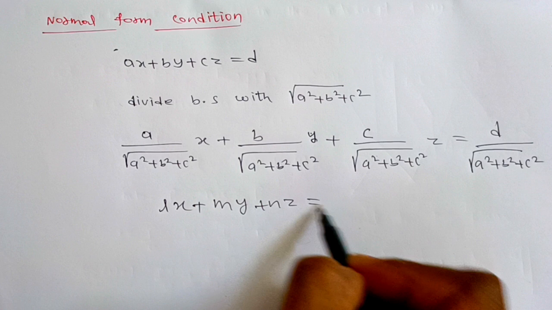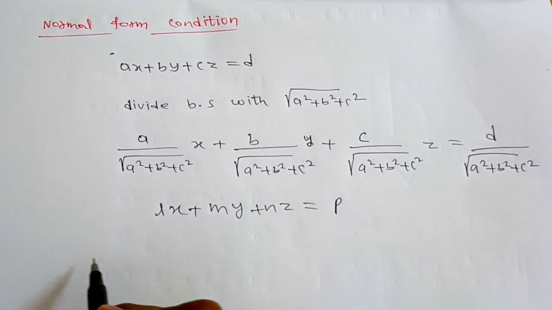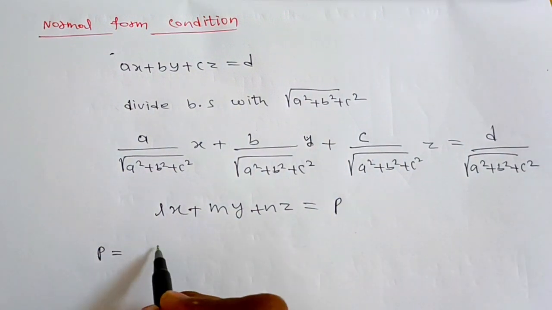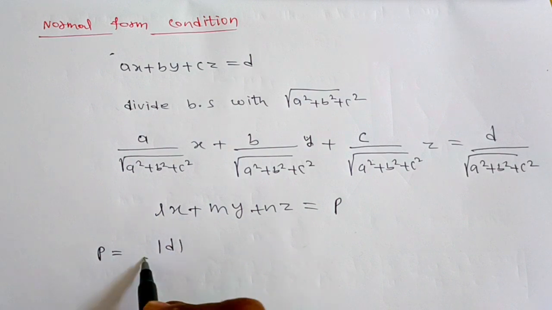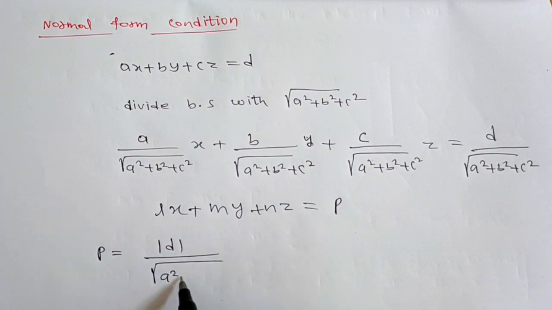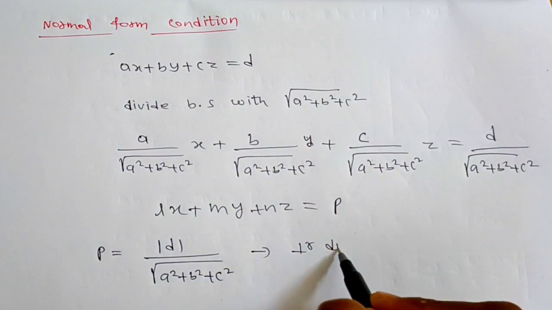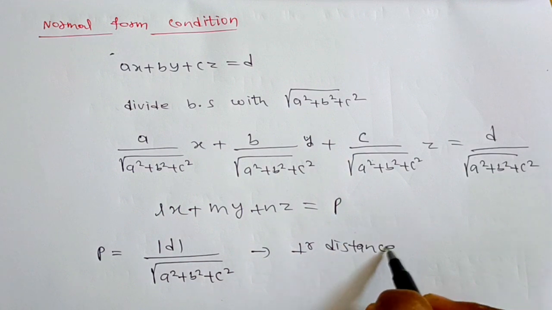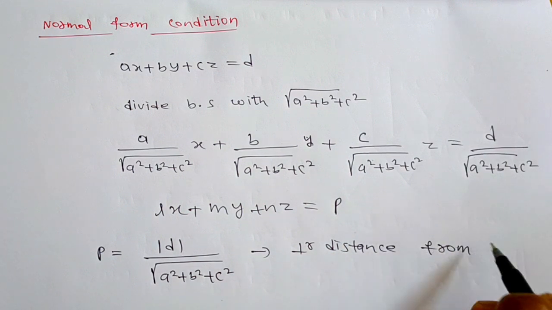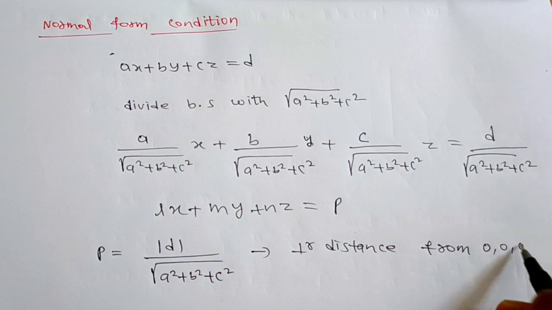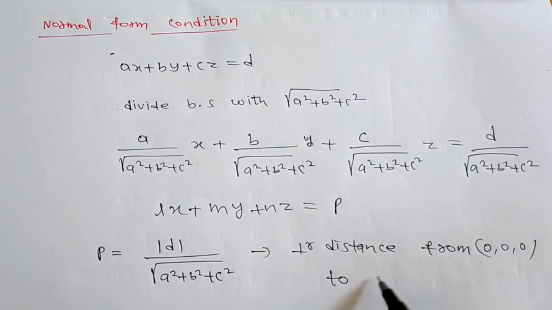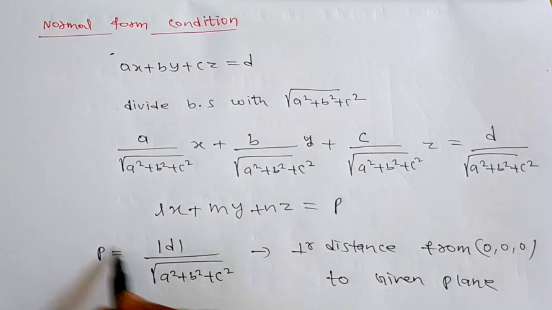So clearly p equals mod d by under root a square plus b square plus c square, which represents the perpendicular distance from the origin, that is (0, 0, 0), to the given plane. So this is one of the formulas.